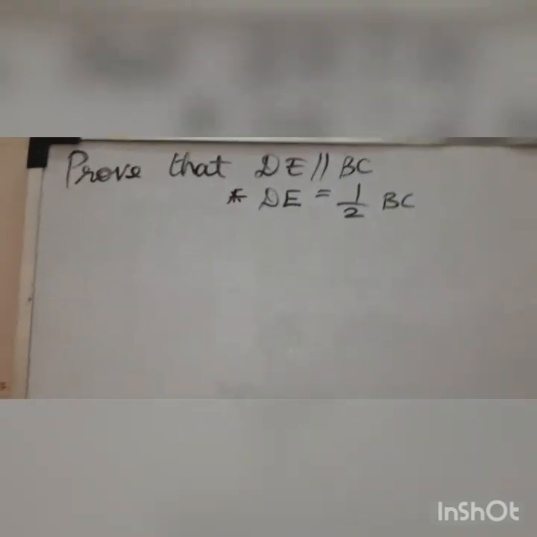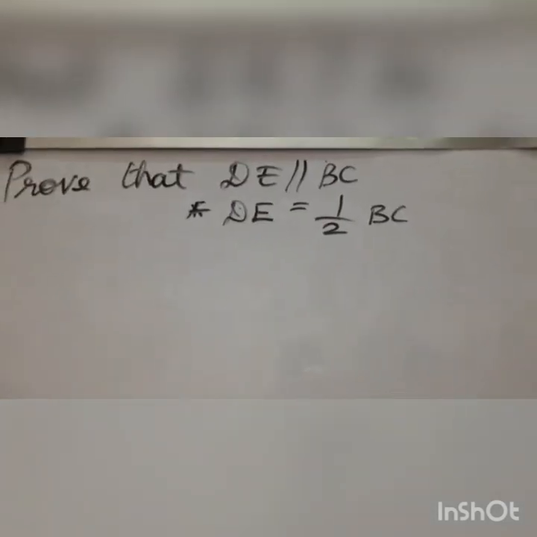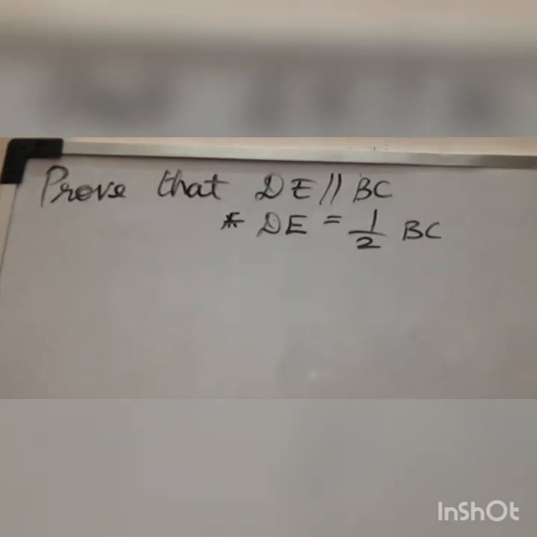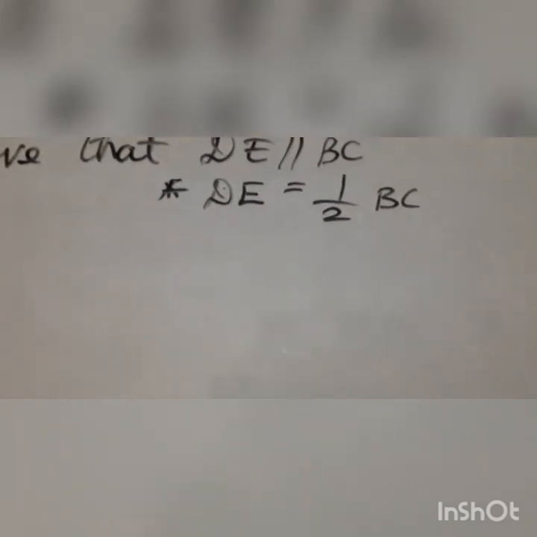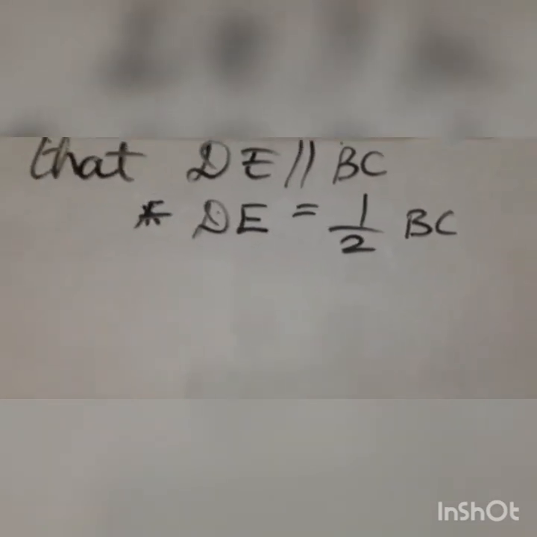That's all. Very simple. Sometimes they will ask you to prove that. In the midpoint theorem they will ask you to prove that DE is parallel to BC and also DE is equal to half of BC.